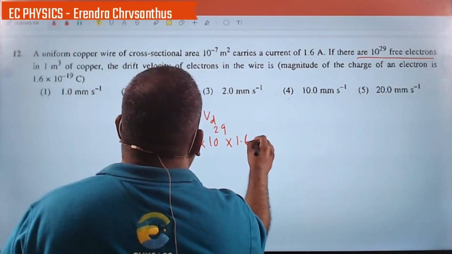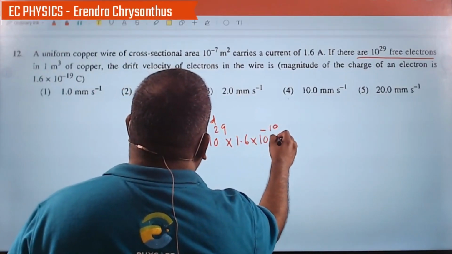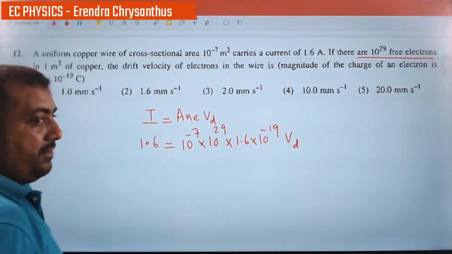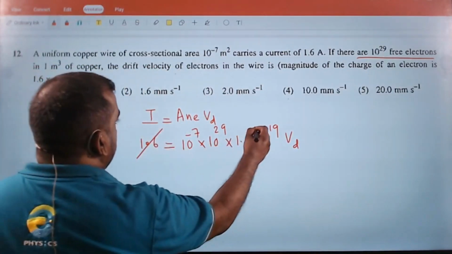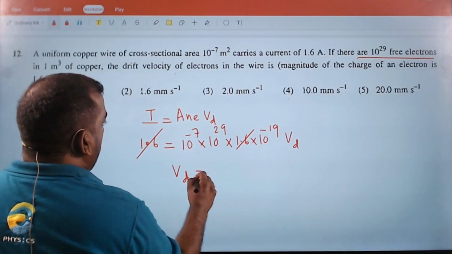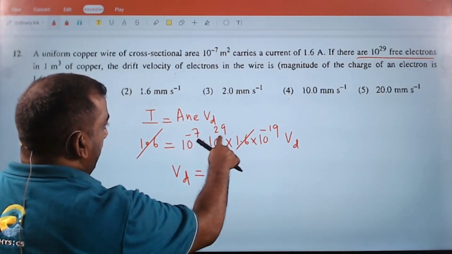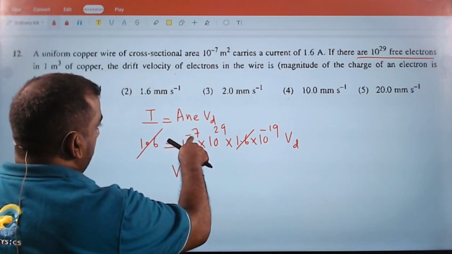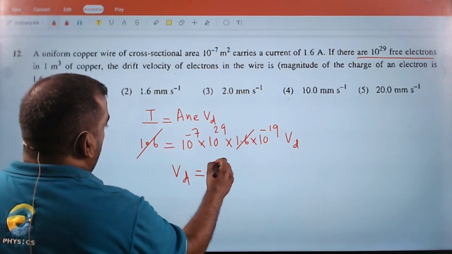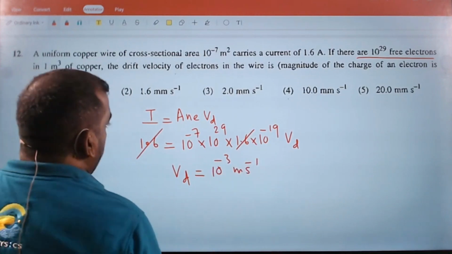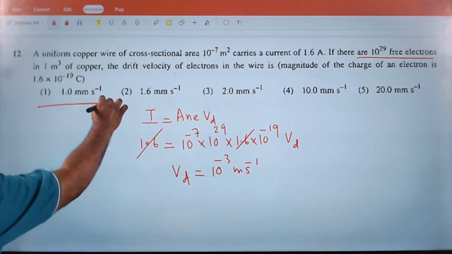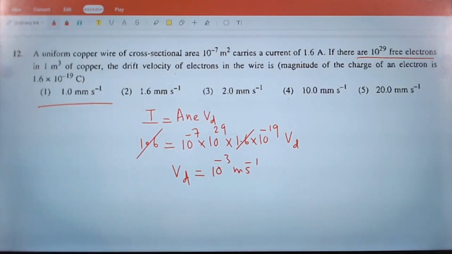Charge of electron 1.6 × 10^-19. Drift velocity is v_d. So make v_d the subject, you can cancel these two off. v_d is equal to 10^10 × 10^3 × 10^-3... that is 10^-3 meters per second, which is 1 millimeter per second. Answer number 1.